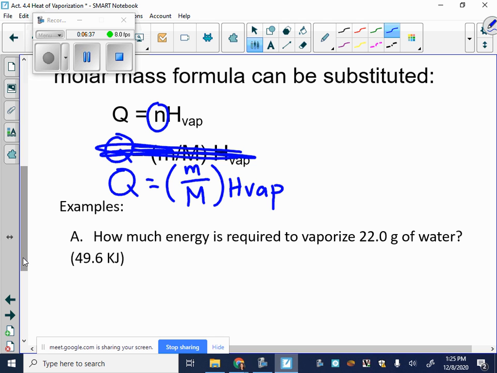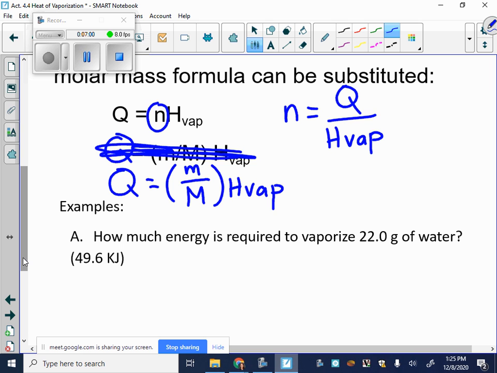And of course, life is not always easy for us. At times we will be asked to manipulate or move around the formula. So sometimes we need to find number of moles, and that'll be Q divided by HVAP.